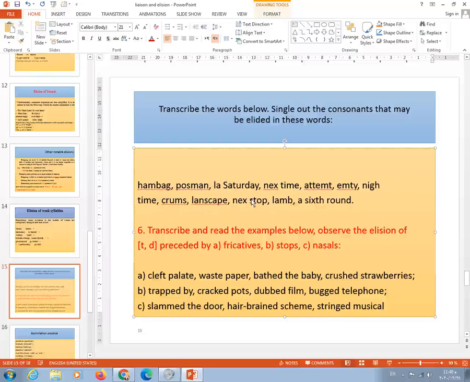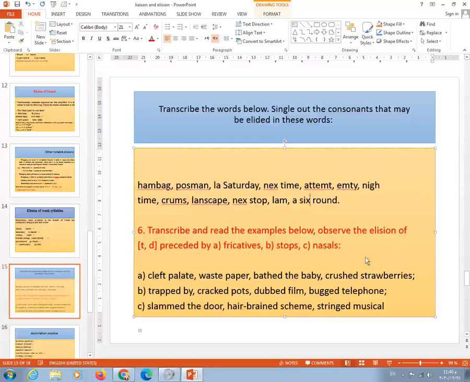Lamb. L is enough, no need for B. And then a sixth, round, no TH. Bye bye. Okay. Transcribe and read the examples below. Observe the elision of T and D preceded by a fricative, stop, and nasal.